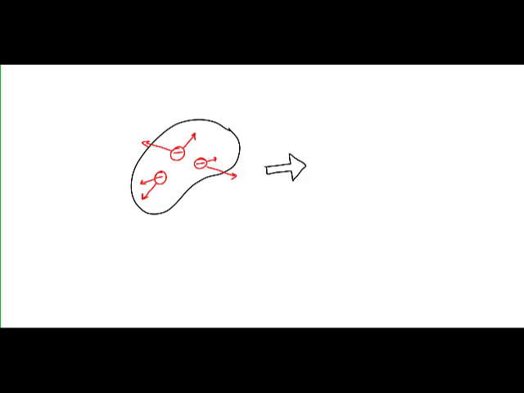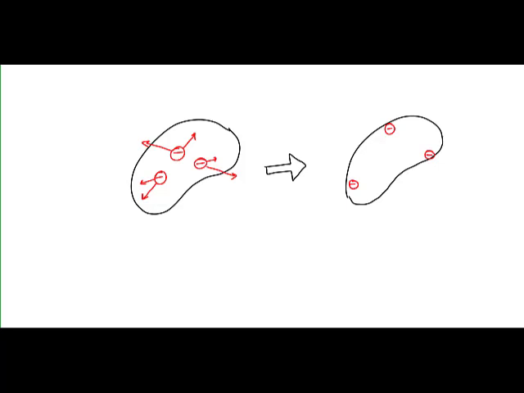These electrical forces will cause the charges to move to the surface. These charges will move to the surface until electrostatic equilibrium is established. When electrostatic equilibrium is established, the net force on each of these charges will be equal to 0.